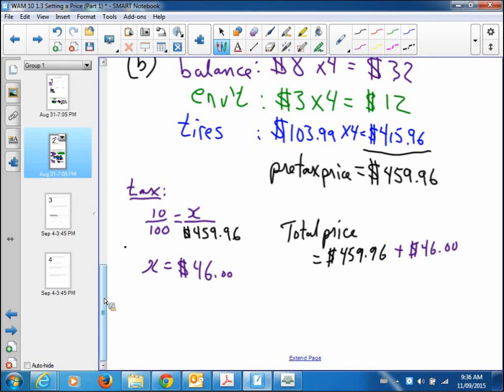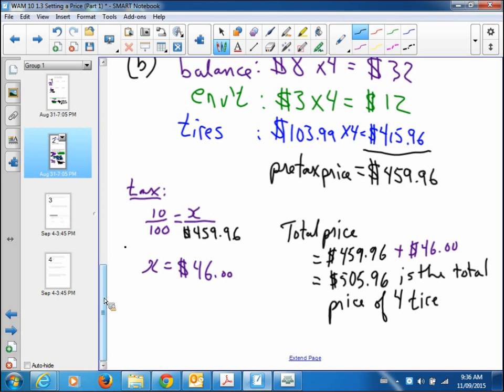That comes out to be $505. That is the total price for 4 tires.